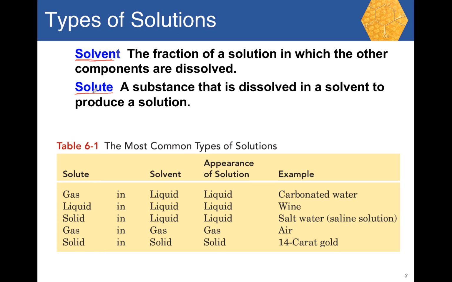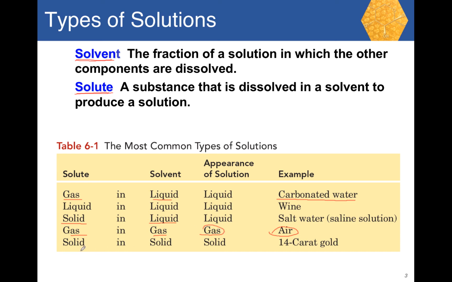Solvent and solute. We mentioned earlier that you can mix a solid in a liquid and that would be a solution. But it's possible to mix a gas in a liquid, and of course as we know, that's carbonated water. Another example is, of course, air. Air is made up of gas in a gas, and of course the appearance is gaseous.